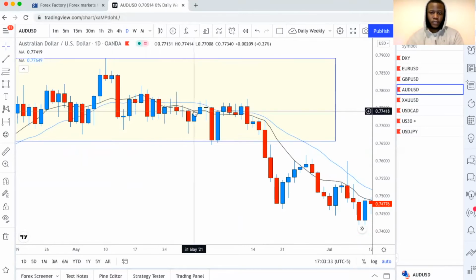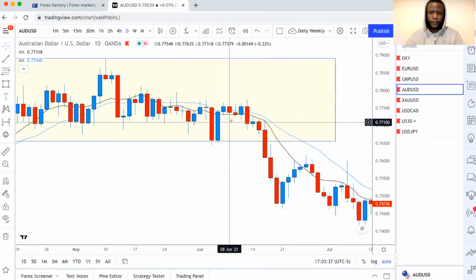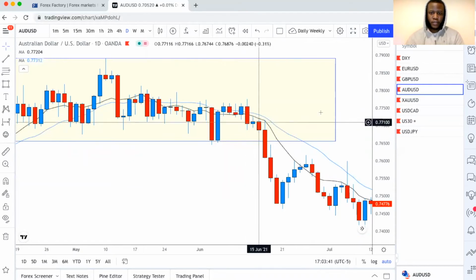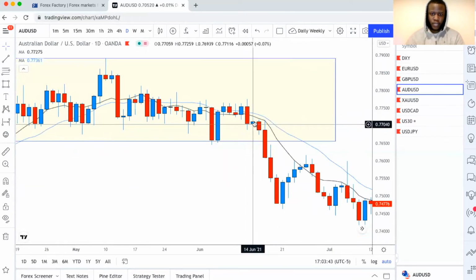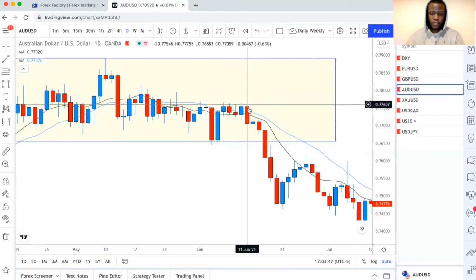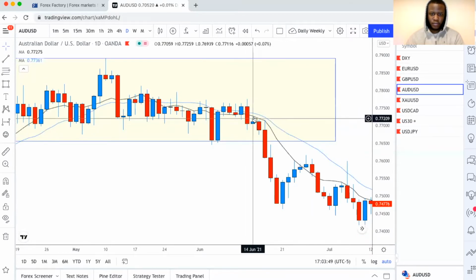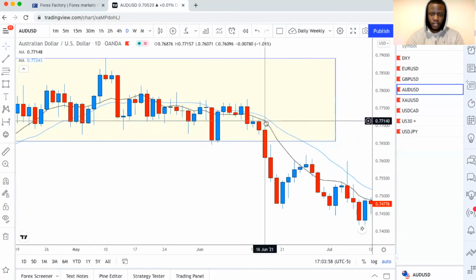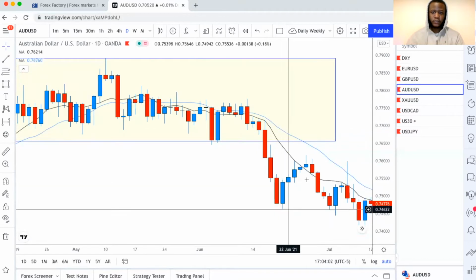But the way I'll look for a sell, I'll look more so for it bouncing off the moving average. So something like this. When it pulls back, I wait for a push below the moving average and a pullback to the moving average. And then I enter right here. And all of this, you can enter right here, you can enter right here, and watch it go down.